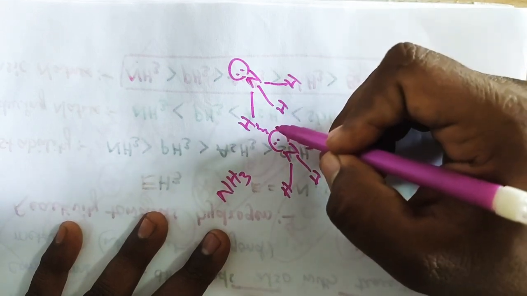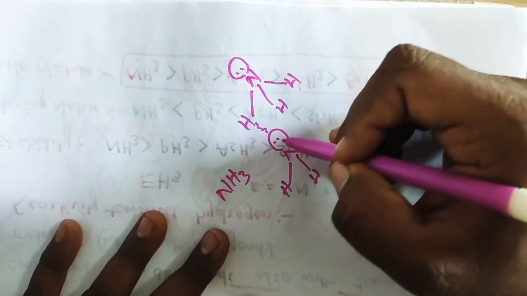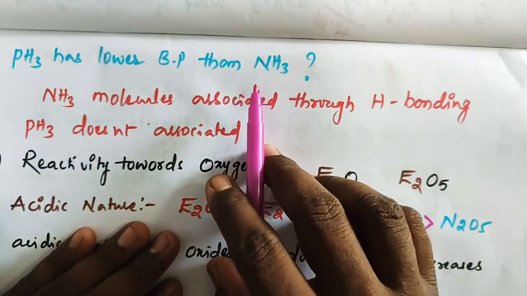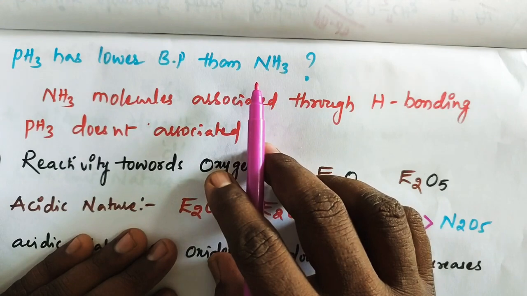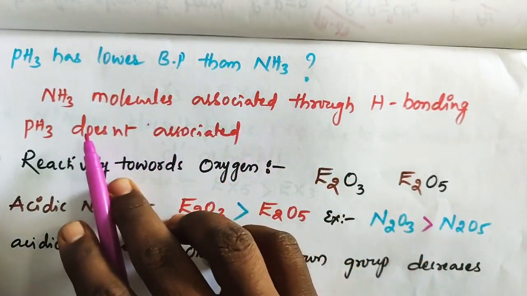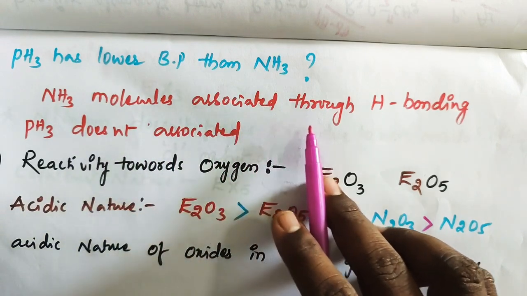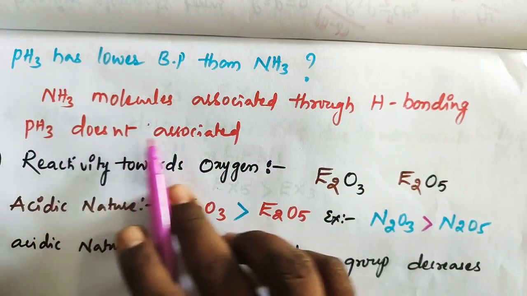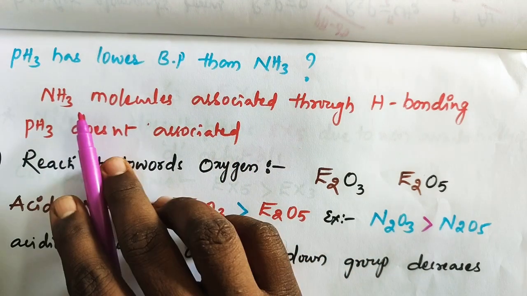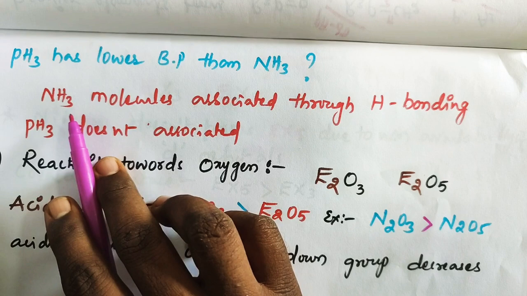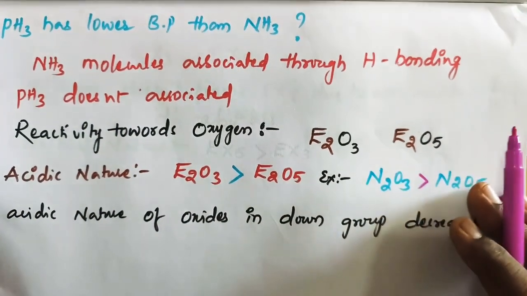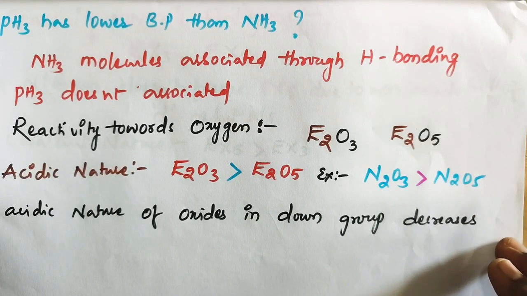Intermolecular hydrogen bonding is present. By the presence of intermolecular hydrogen bonding, NH3 has a higher boiling point than PH3. NH3 molecules are associated through hydrogen bonding, while PH3 does not associate due to lack of hydrogen bonding. Small size and high electronegativity let NH3 involve hydrogen bonding.